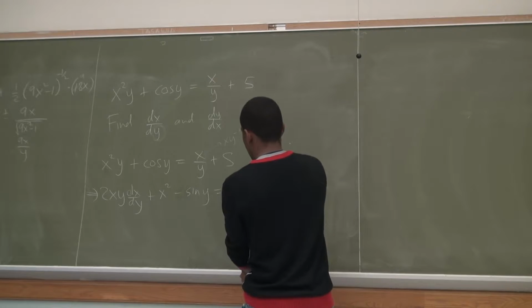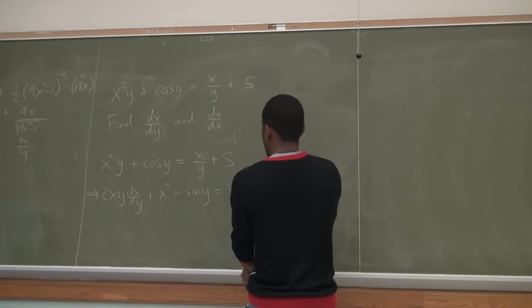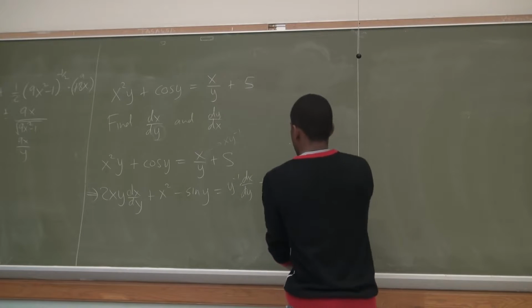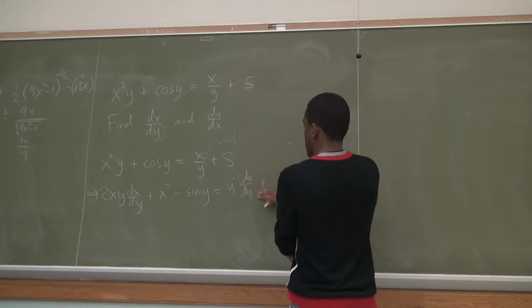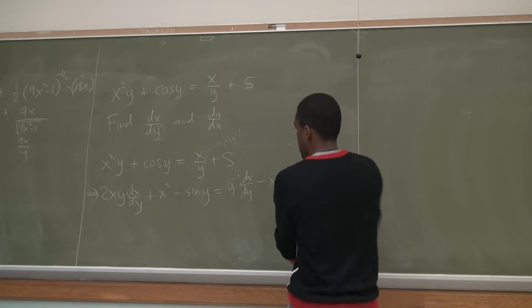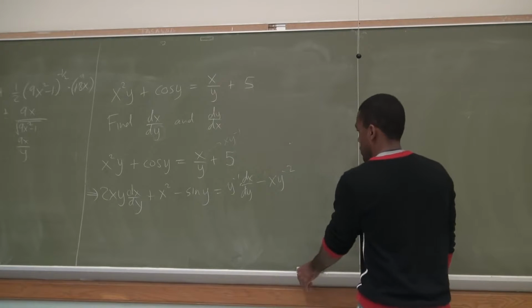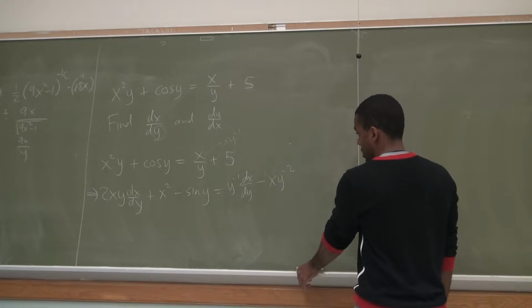So it would be y to the negative 1 dx/dy, right? dx/dy and plus x times minus x y to the minus 2, right? And this is a 5, not an s, because it would be a totally different answer if it were an s.